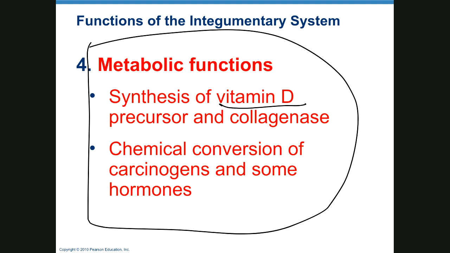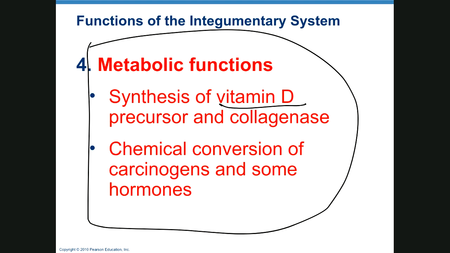It allows us to get calcium from foods that have calcium in the intestines. It also seems to have a protective function from cancer, from carcinogens. So vitamin D is made in the skin, or at least the first steps occur in the skin. It is a long process, but the first step happens in the skin.